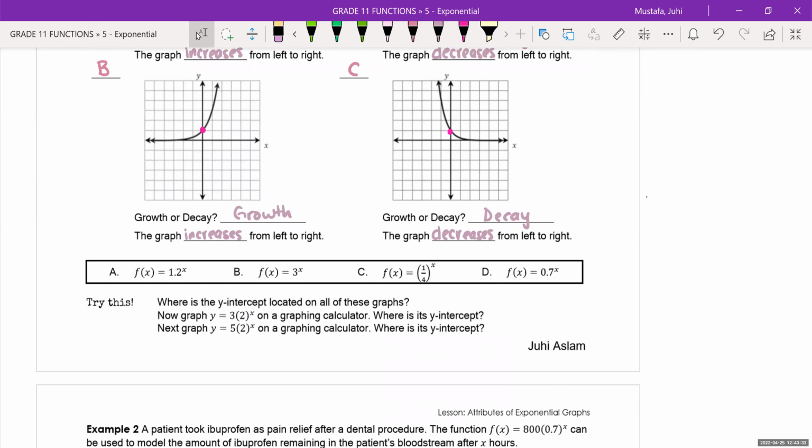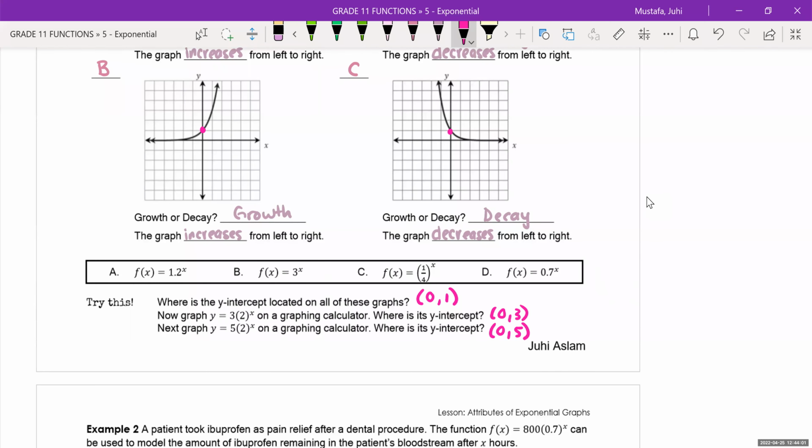So it's safe to make the assumption that if there are no transformations in this graph, like if the graph isn't shifting up or down or side to side, all of the y-intercepts will always be at (0, 1). We don't have a graphing calculator, but if we were to graph 3 times 2 to the power of x and 5 times 2 to the power of x, what you would notice is the y-intercept would change. This one would become (0, 3), and this one would become (0, 5).